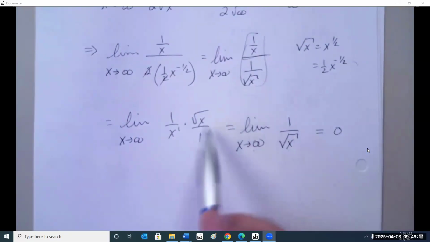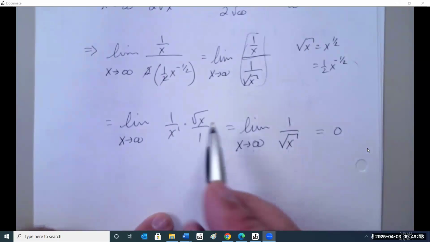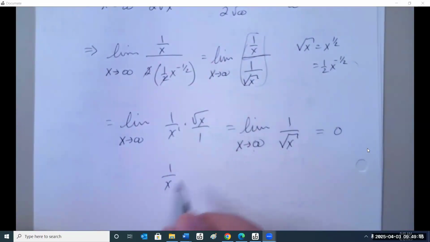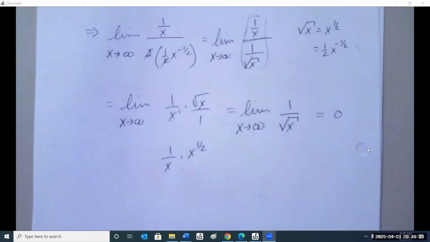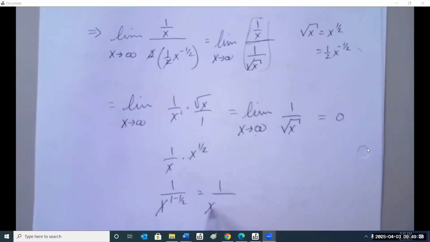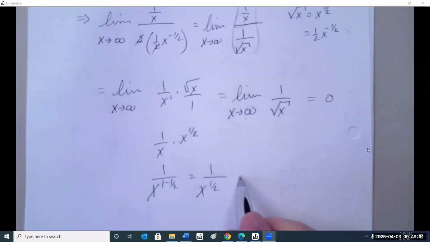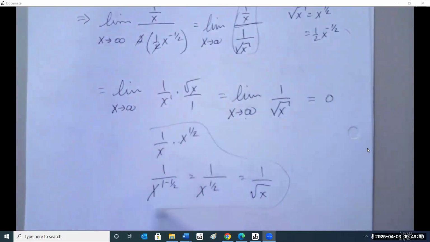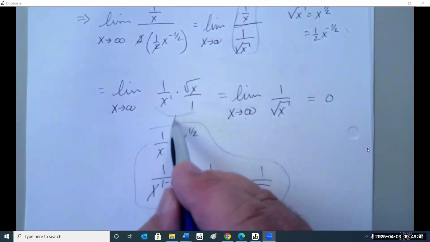Everybody follow what's happening here? Because this is 1 over x, this is x to the power 1/2, I subtract 1/2. So x to the 1 minus 1/2 leaves me with x to the power 1/2, which is 1 over square root of x. That's what this becomes.